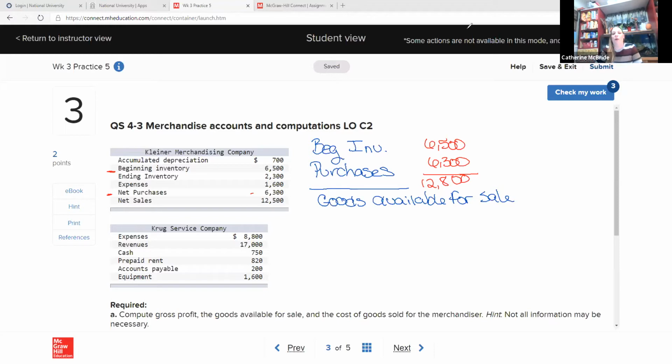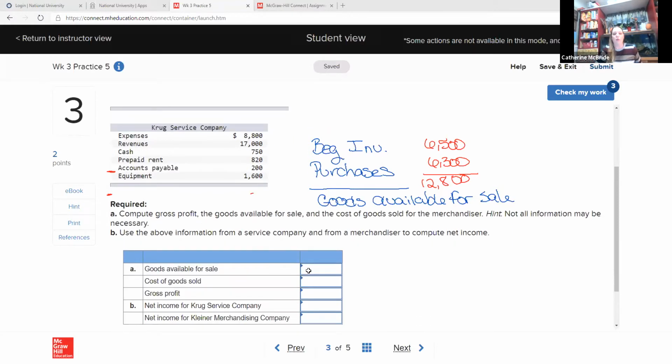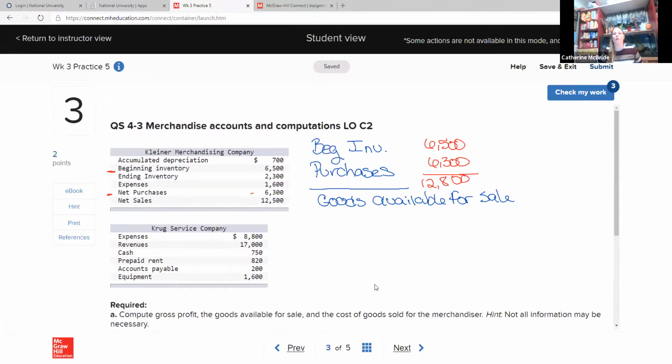So I'm going to go down here and I'm going to say, okay, my goods available for sale were 12,800. Now my cost of goods sold, that's what I did sell. So I'm going to go up here and look for cost of goods sold. I'm going to have to see, what did I sell?